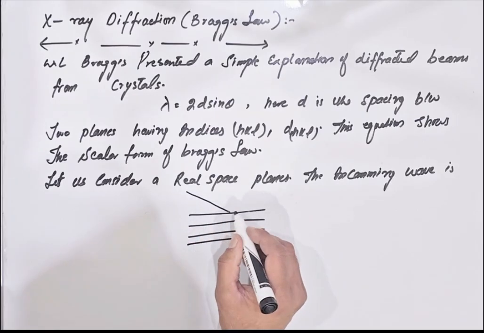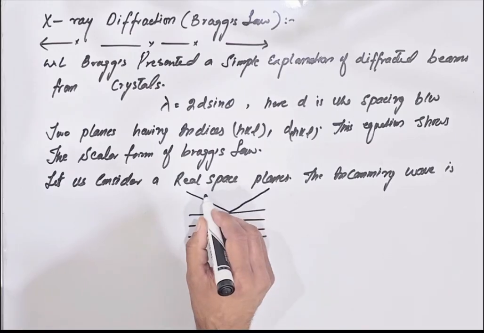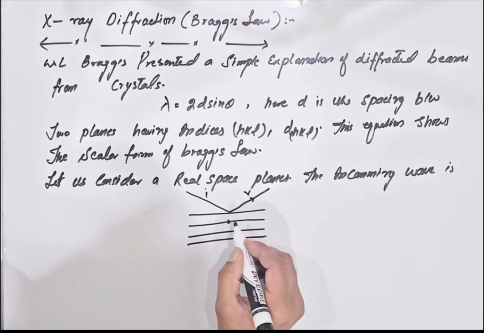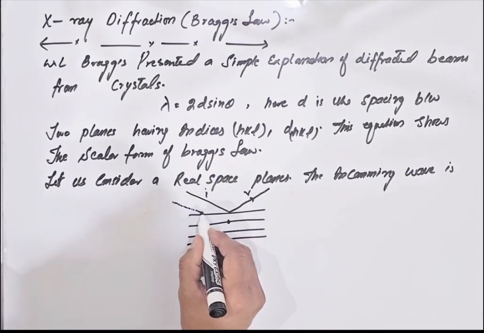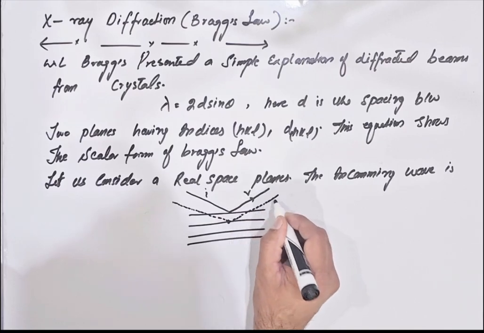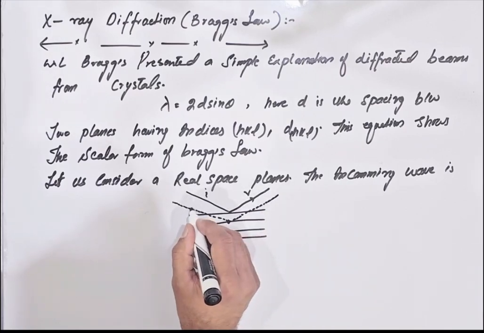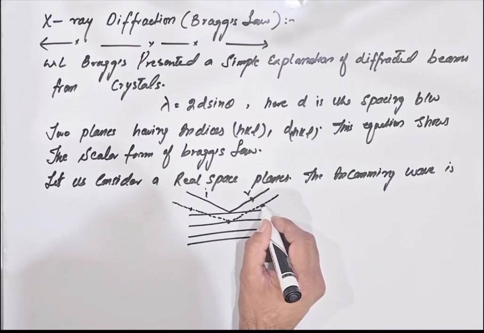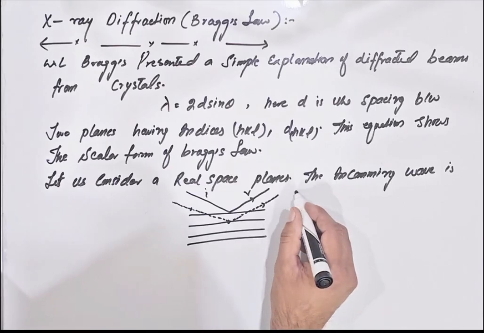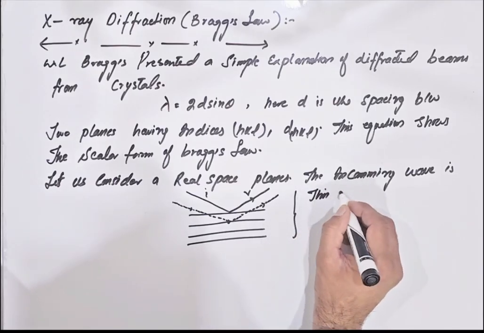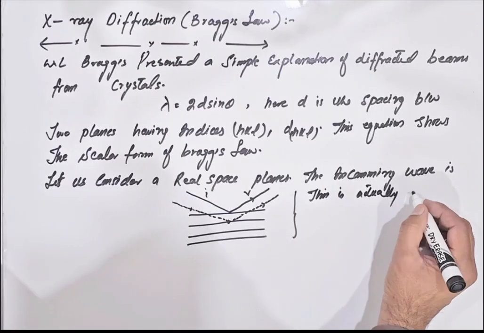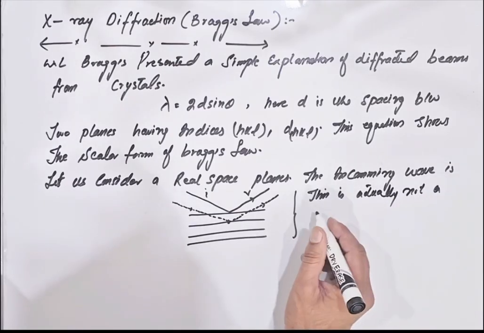This is the incident wave and this is the reflected part of the wave. This is the incident part and the reflected part of the beam. This is actually not a normal reflection.